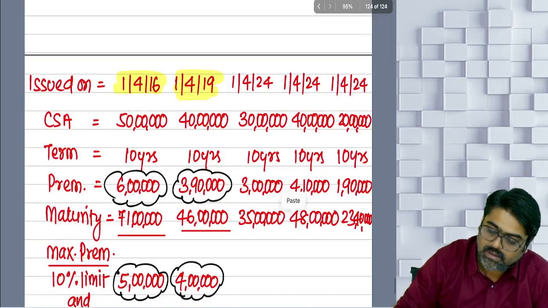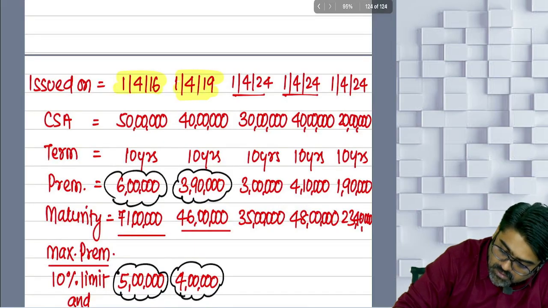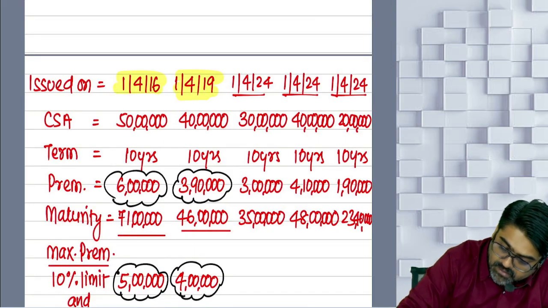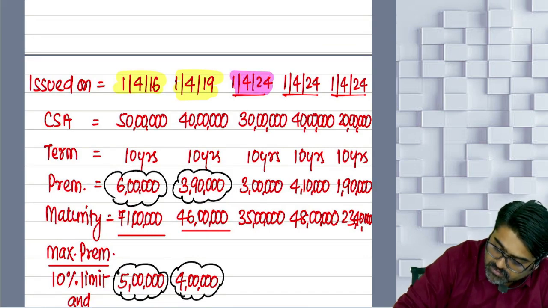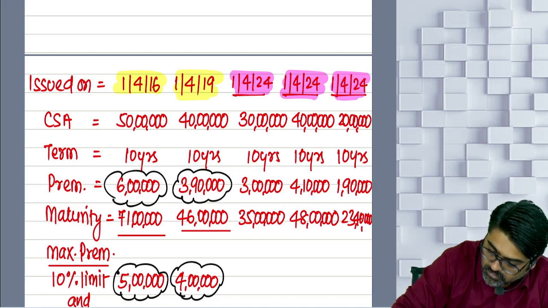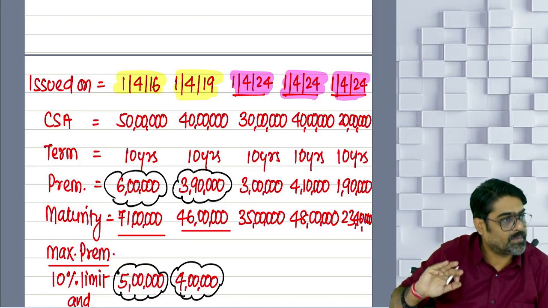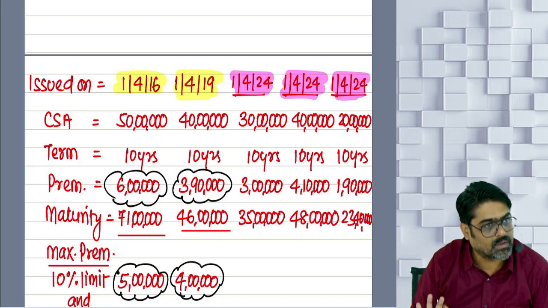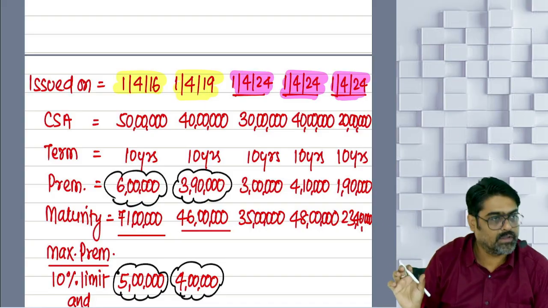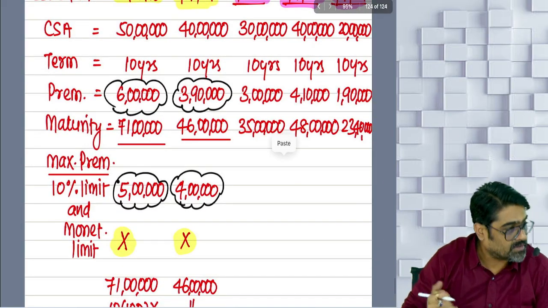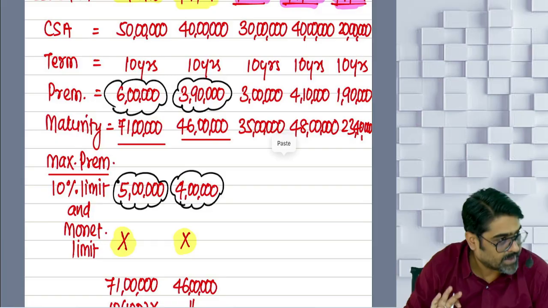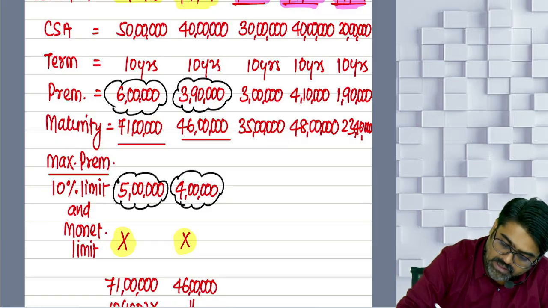Now coming to the last 3 policies. Please be careful. All these policies are taken on or after 1st April 2023. Now on all these policies, you have to check the percentage limit as well as the monetary limit.